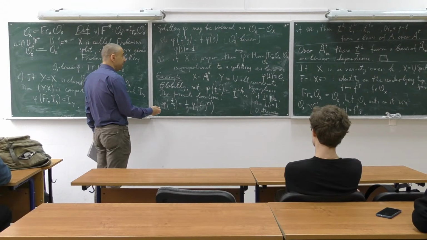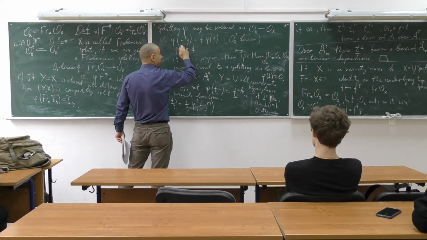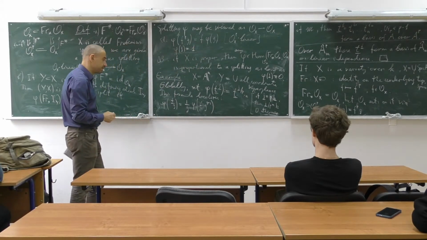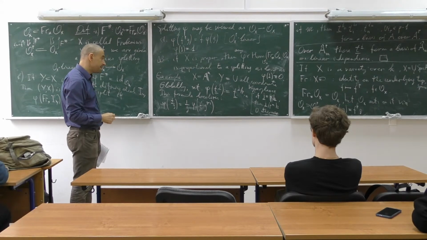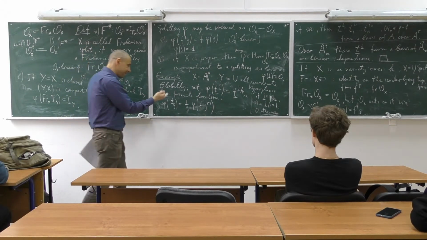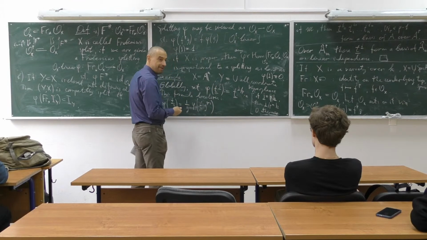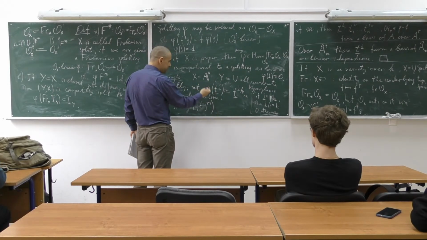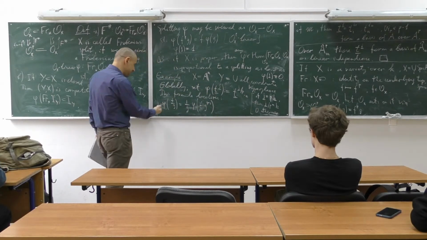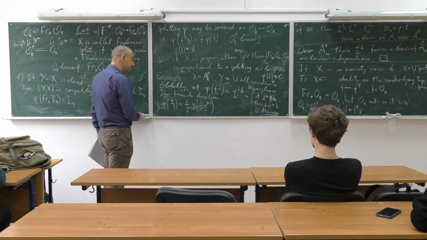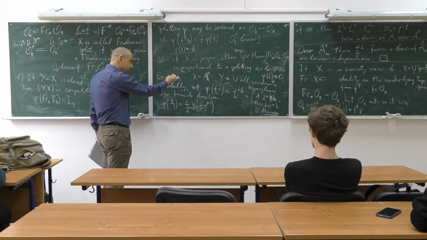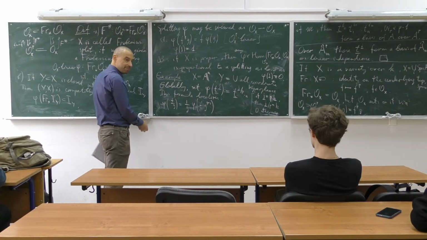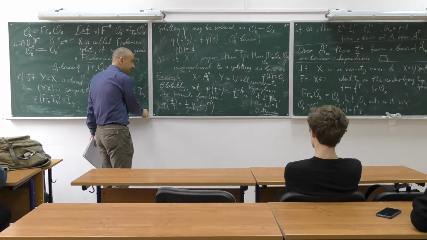It's compatible with this property, so it works at the level of sheaves, not only at the level of global functions, because it's compatible with localization. Fine. So we do have an example of Frobenius splitting.